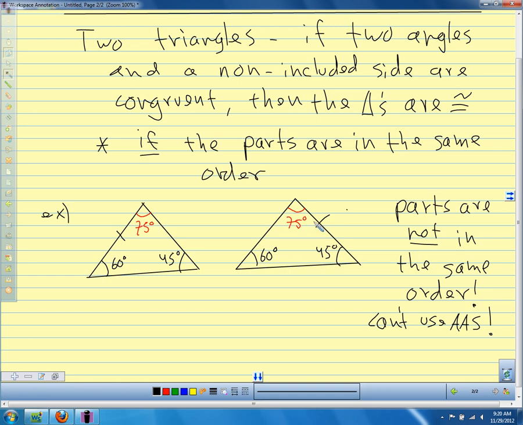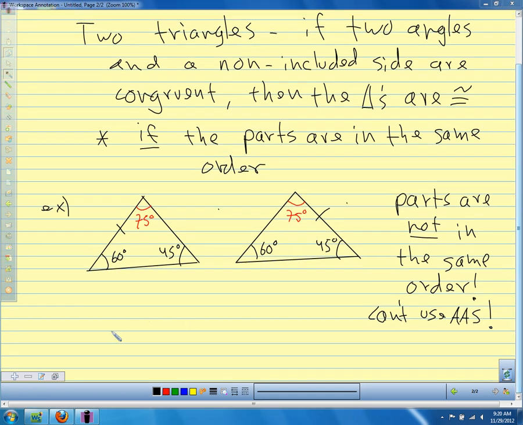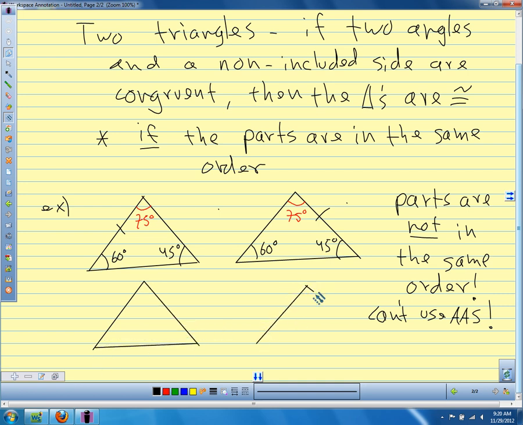So even if the tick mark's over there, it still would be angle side angle. Yes. But let me redraw this. If we had our triangles like this, and I'm just going to redraw it differently, and I think this is what you're asking me.